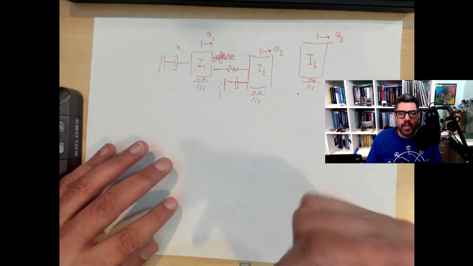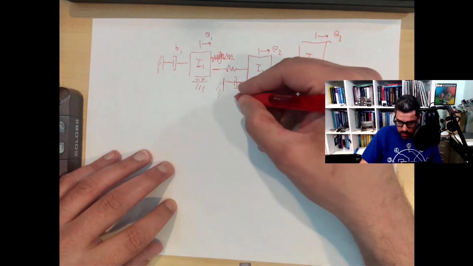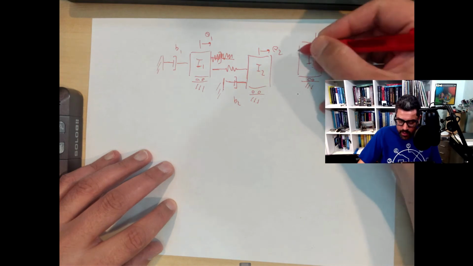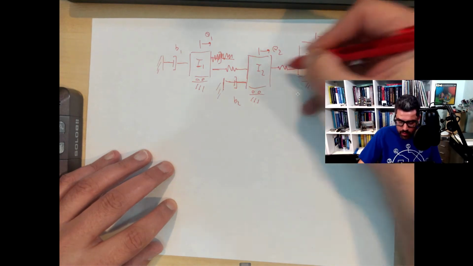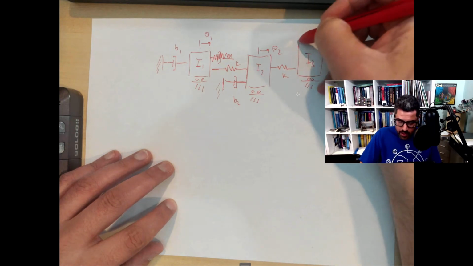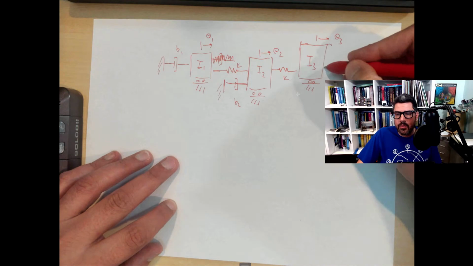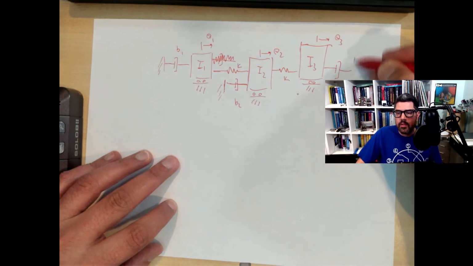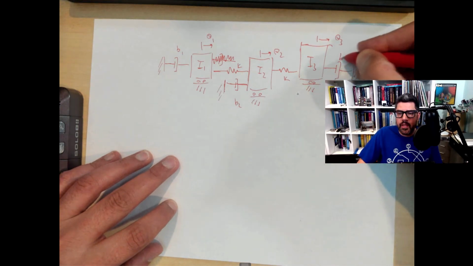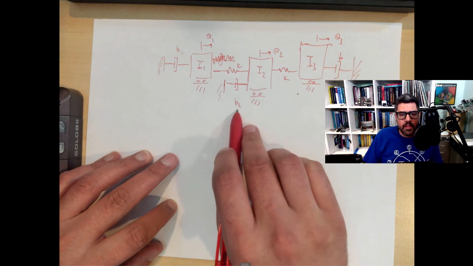Just by rotating the bearing, you're going to get energy loss by both. So that's why I'm going to put the second damper to ground, and same with, let's call that K, and this is K. And then I'm going to do my third damper also to ground. Actually, I'm going to do it on this side. And there's B.